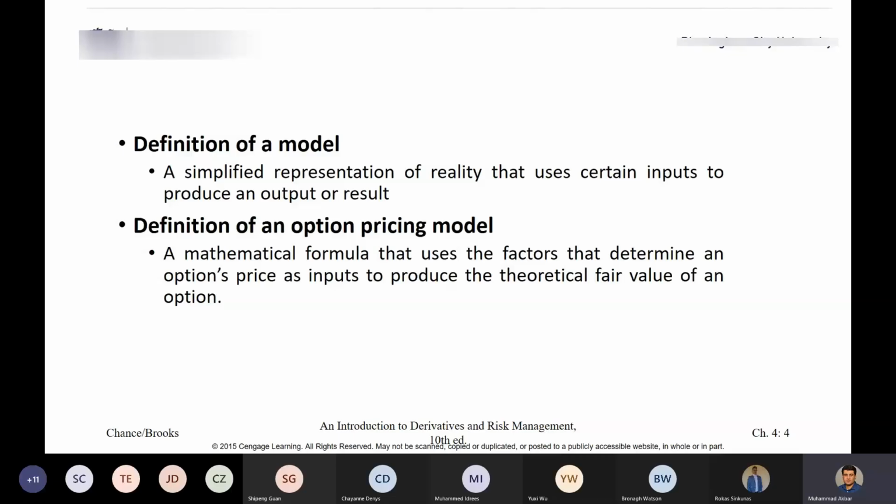First, we have to understand what a model is. Now, in qualitative sciences, basically, we use the word theory. In mathematics and econometrics or statistics, we use the word model. A model, or a theory, is what? A simplified representation of reality that uses certain inputs to produce an output or results.